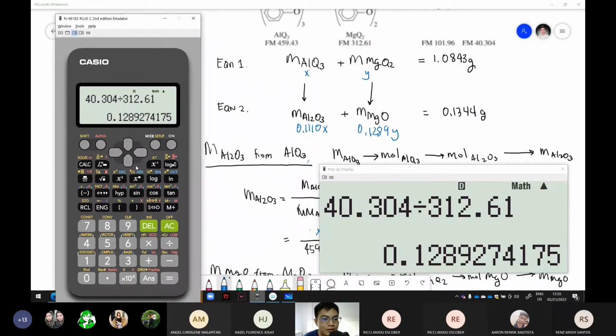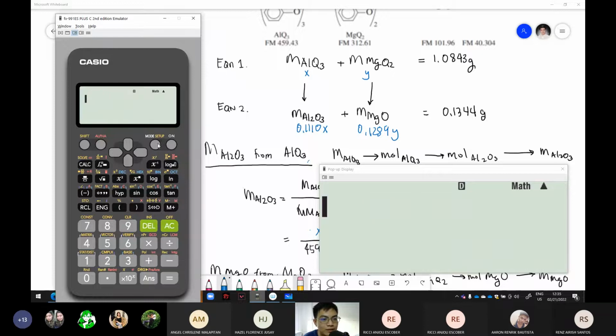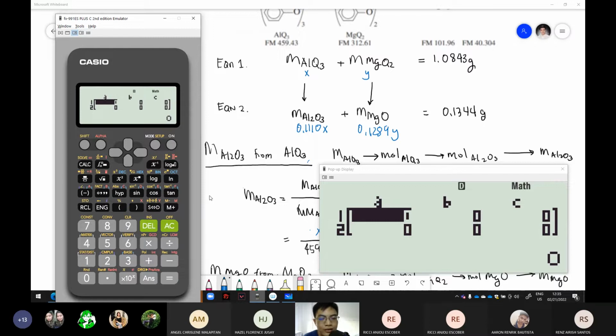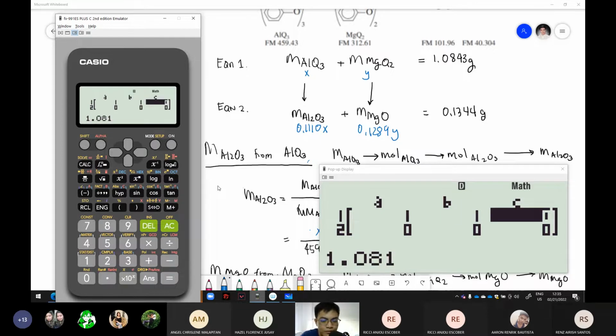Basta alam nyo magawa ng stoic, madali na lang siya. So go to mode, equation, 1. For those using Classwiz, iba yung step sa inyo, pero eventually you will end up here. So the coefficient of X and Y are 1. Yan yung initial mo. 1.0843. Oopsie, mali. Paano ko ba i-edit to?